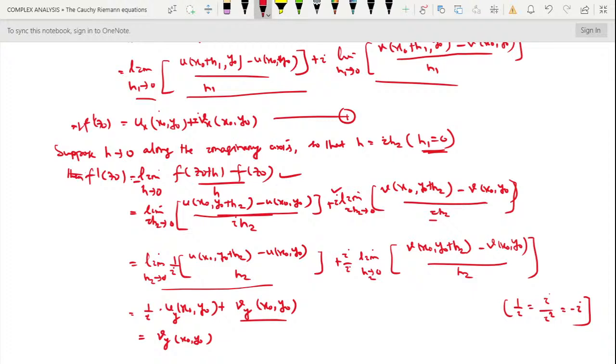So alright, this is minus i u_y at (x naught, y naught). This is your equation 2. So your f dash z naught is this one, and your f dash z naught is this one.